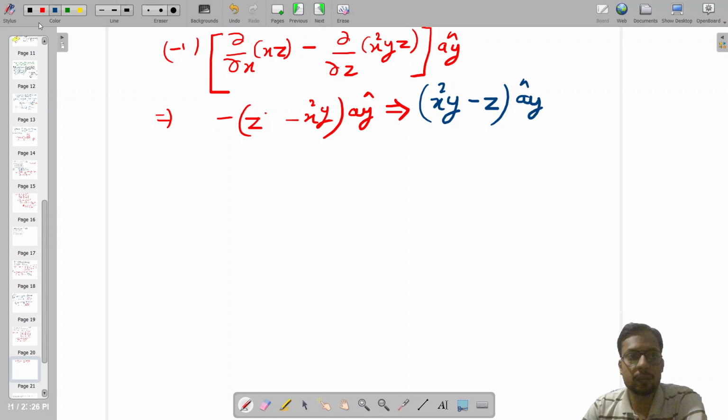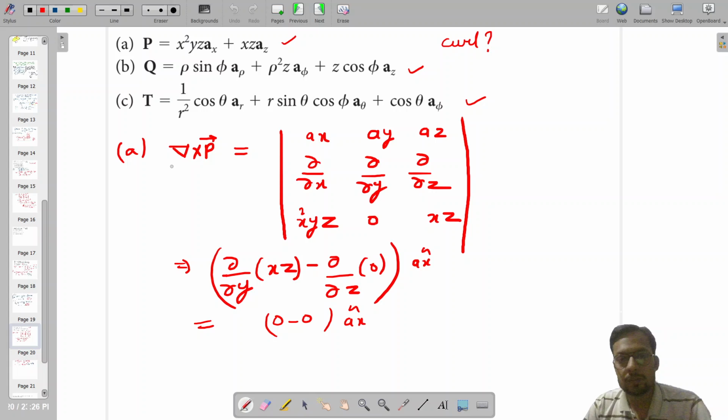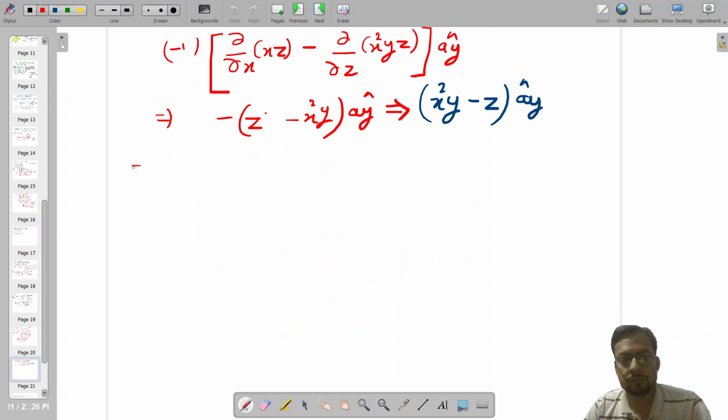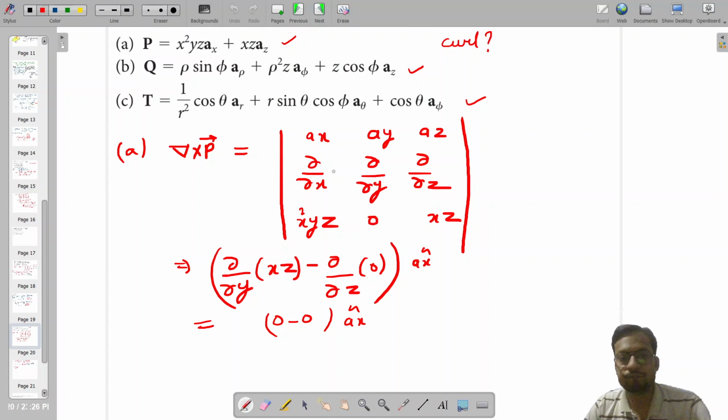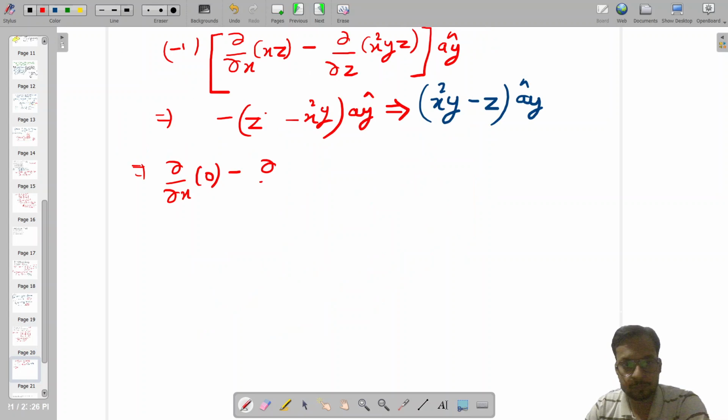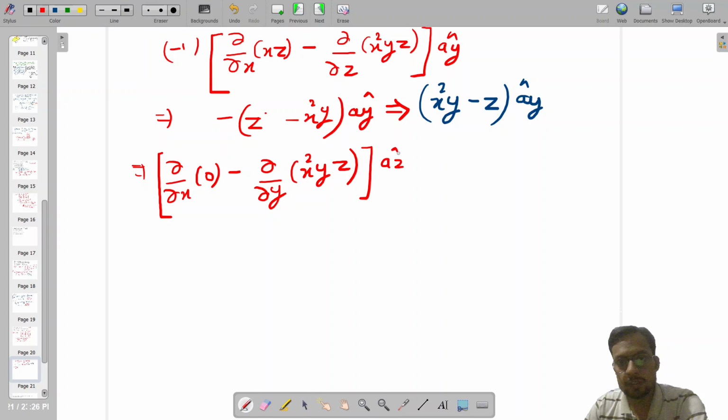Now the third term, expanding it, we have del upon del x of 0 minus del upon del y of x square yz. This is the third az term.